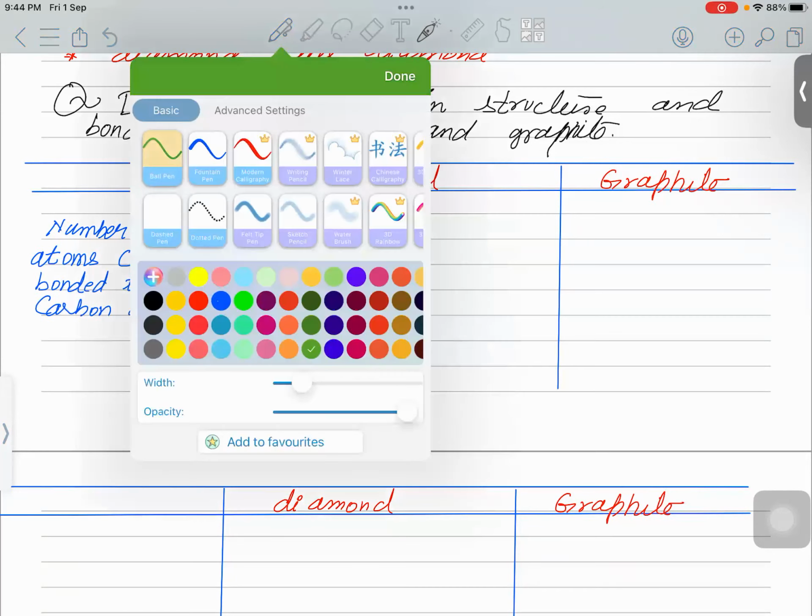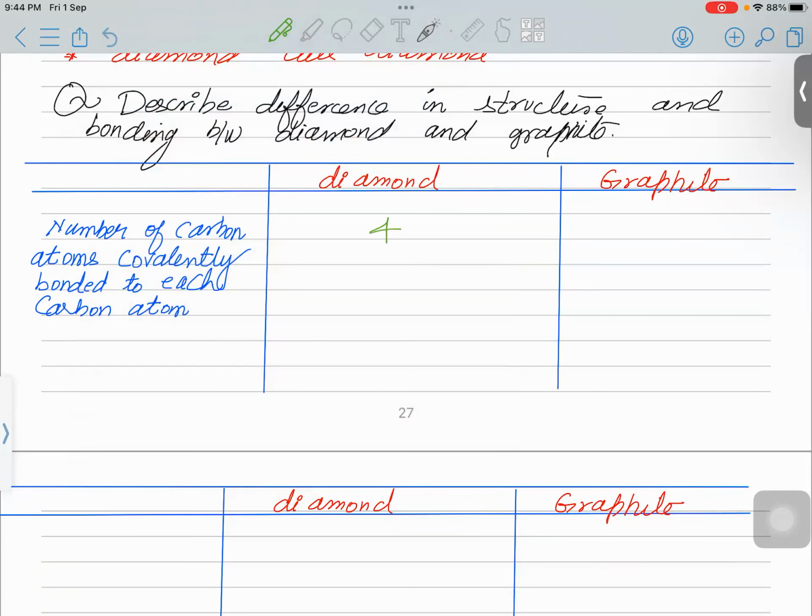You know that carbon is bonded with 4 carbon atoms in diamond and 3 in graphite.